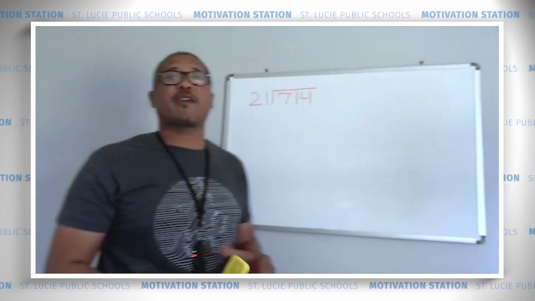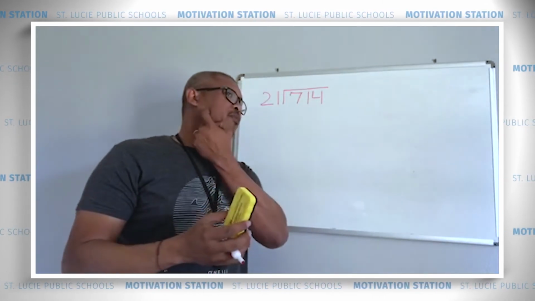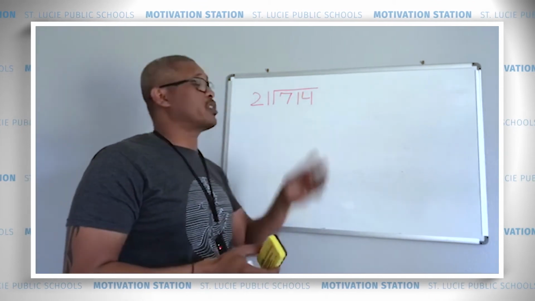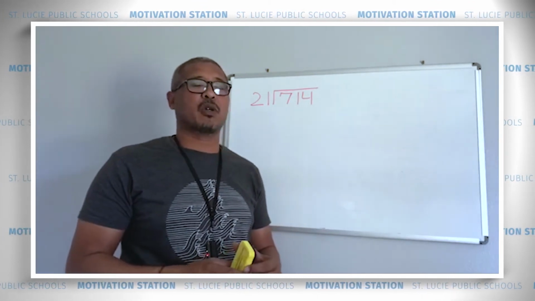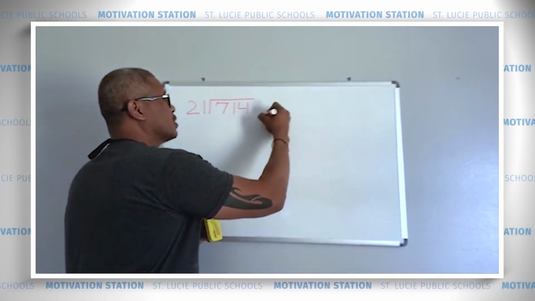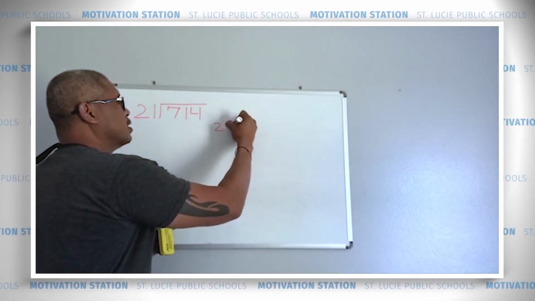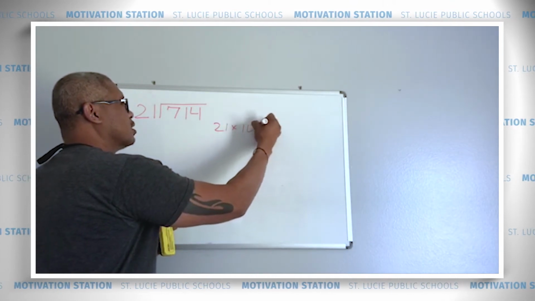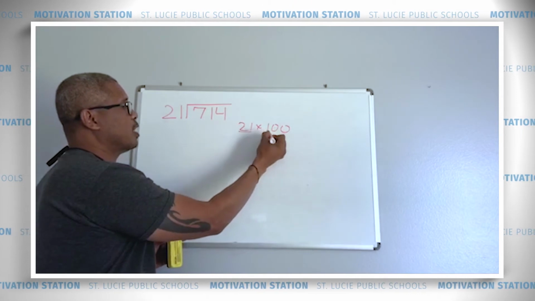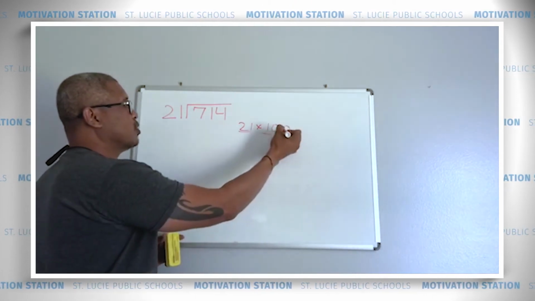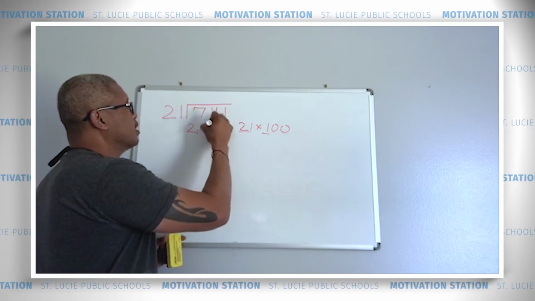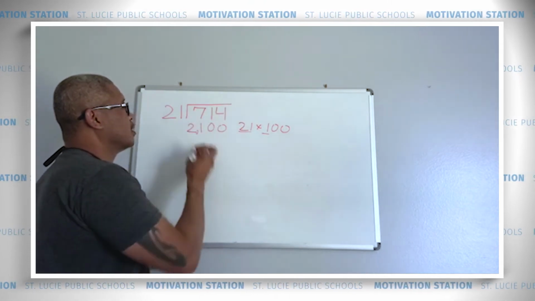Let's say I decided to see if I can use, instead of 10, because I want to get as close to 714 as possible, let's say I use 100. Say 21 times 100. Well, I know that 21 times 1 equals 21. 2 zeros will give me 2,100.